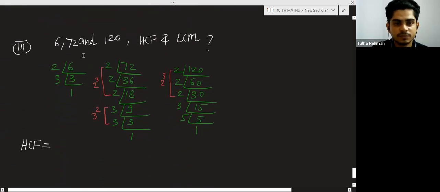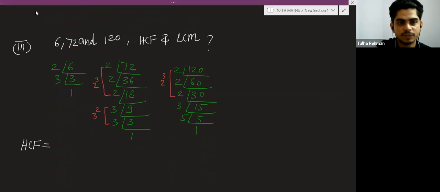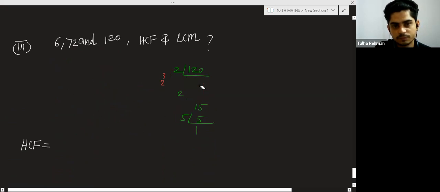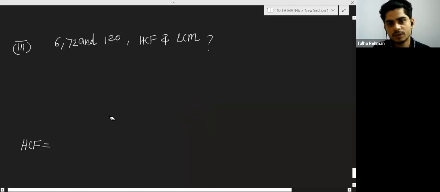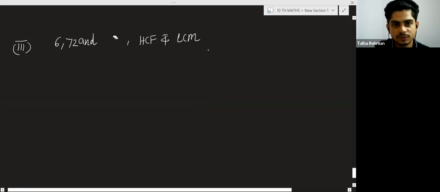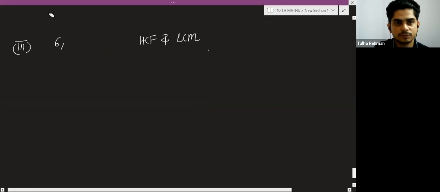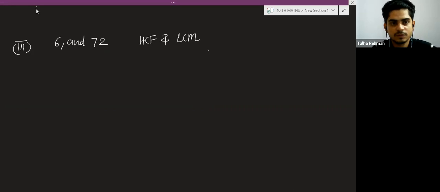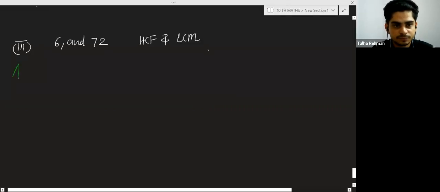We cannot take this number actually. I am changing the question, because this would be out of your syllabus. Now start: 6 and 72. We have to find HCF and LCM. So we will use that formula.